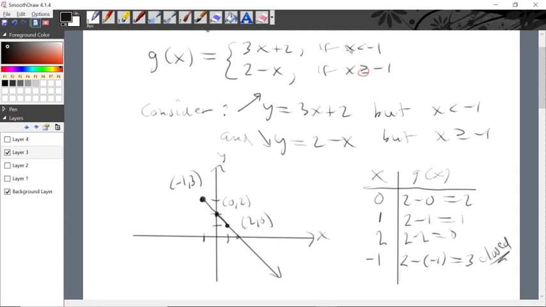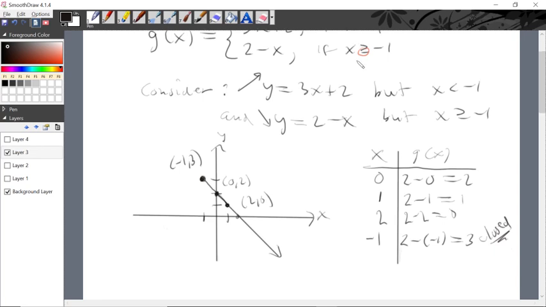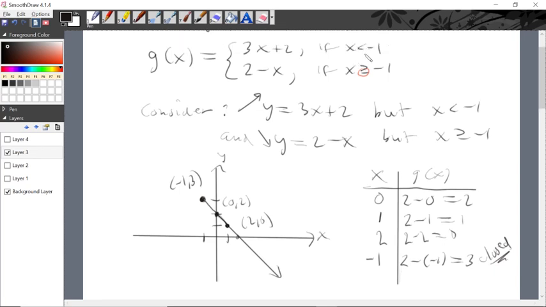Now what happens when we start creeping to values that are less than -1? What does it mean to be less than -1? Does that mean we start at -2? Not necessarily. What if we had -1.001? That's less than -1, isn't it? So that would be a point.